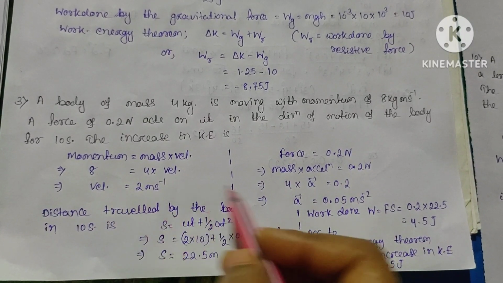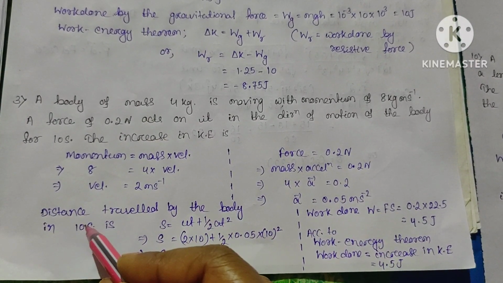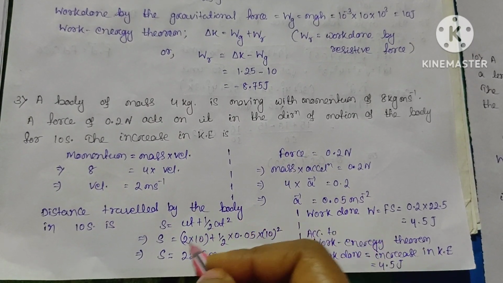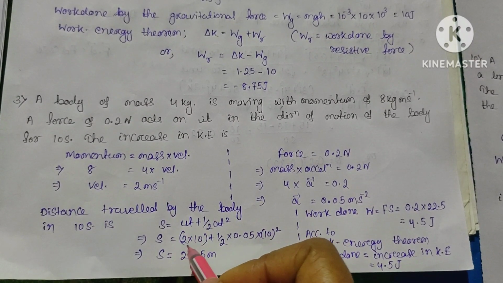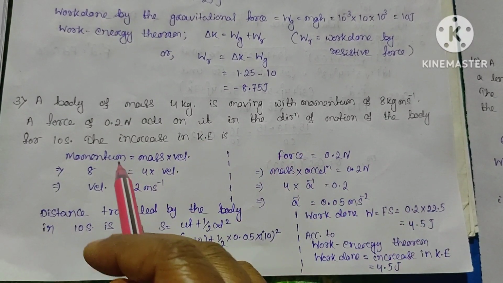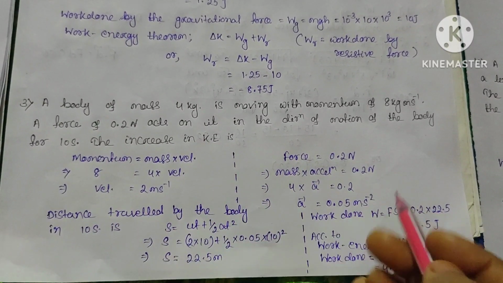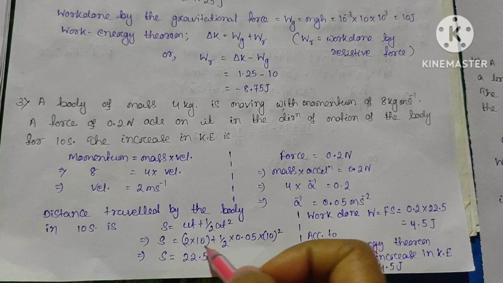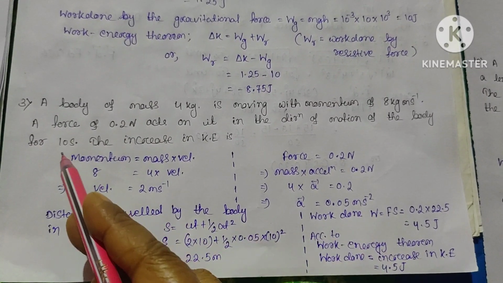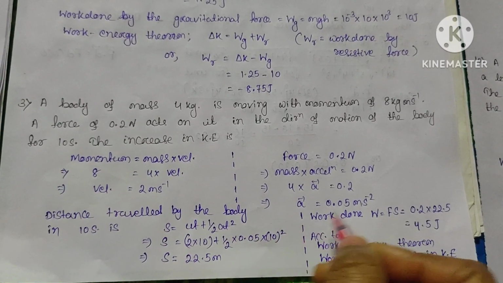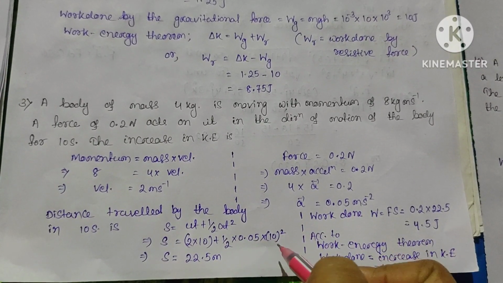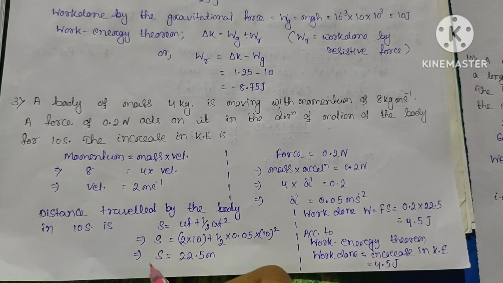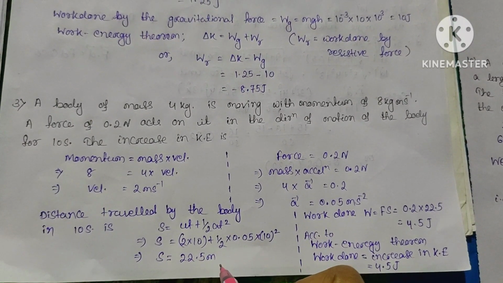Again, the distance traveled by the body in 10 seconds is s equal to ut plus half at square, the equation of motion. u is 2 meter per second, t is 10 second, plus half into the acceleration we have calculated, 0.05, into t square, 10 square. So the distance is 22.5 meter.